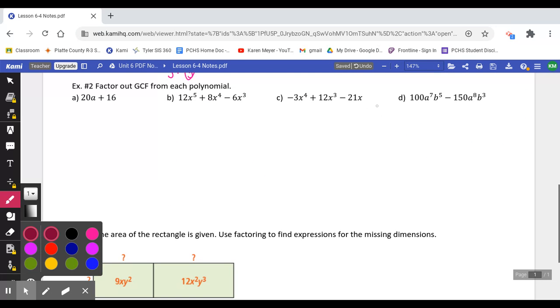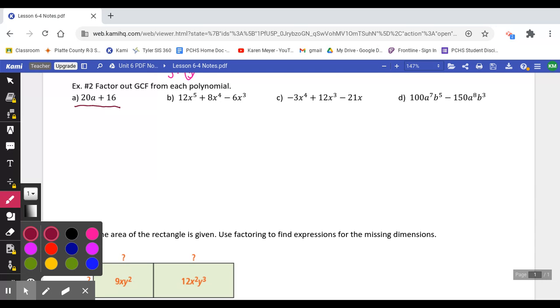Now what we're going to do is pick out the GCF, and we're also going to tell what we would have left over. So this is what they call factoring out the GCF. Okay, so on A, 20 and 16. What is the largest thing that goes into 20 and 16?